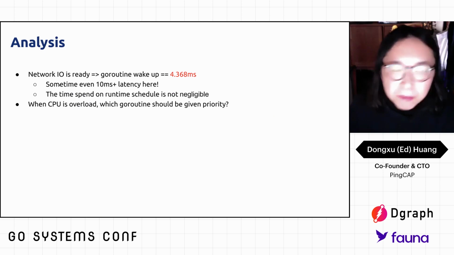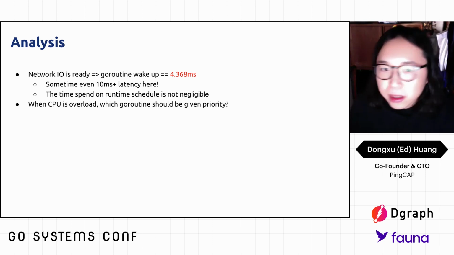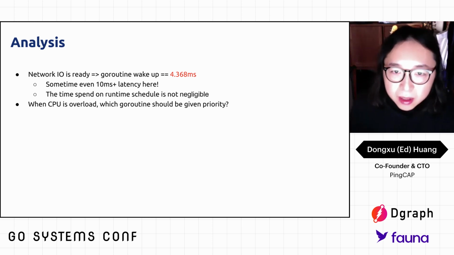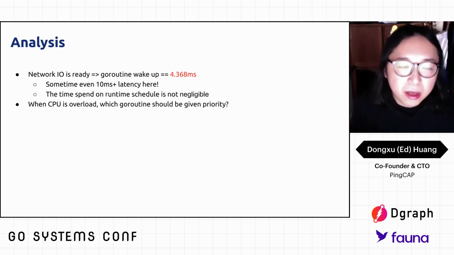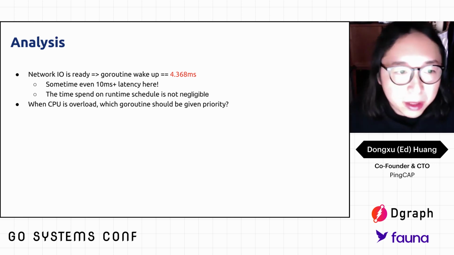Sometimes we even noticed more than 10 milliseconds of latency here. So the time spent on runtime scheduling is not negligible. But this situation only happens when your CPU is overloaded.